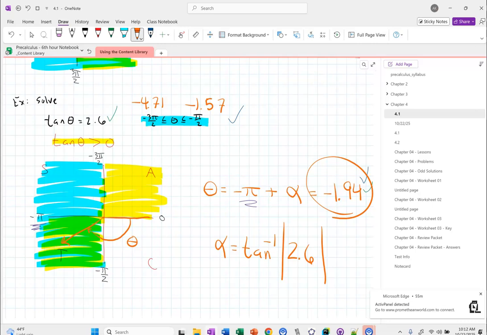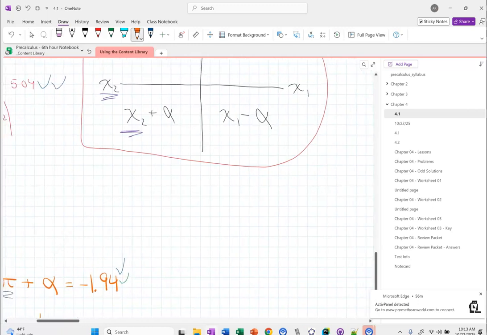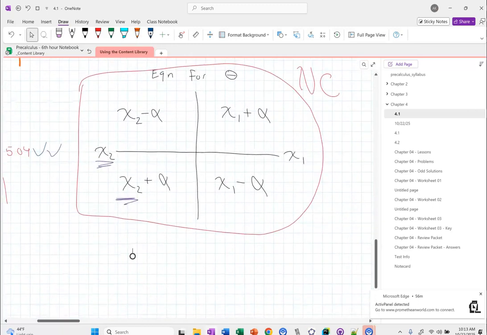If your answer doesn't lie between these, you've probably written this equation incorrectly. And if your answer doesn't check, you've probably done this part incorrectly, like you forgot the absolute value or something. You should not have to do coterminals with this. This is the beauty of this picture, that you don't have to mess around with the coterminal piece anymore.